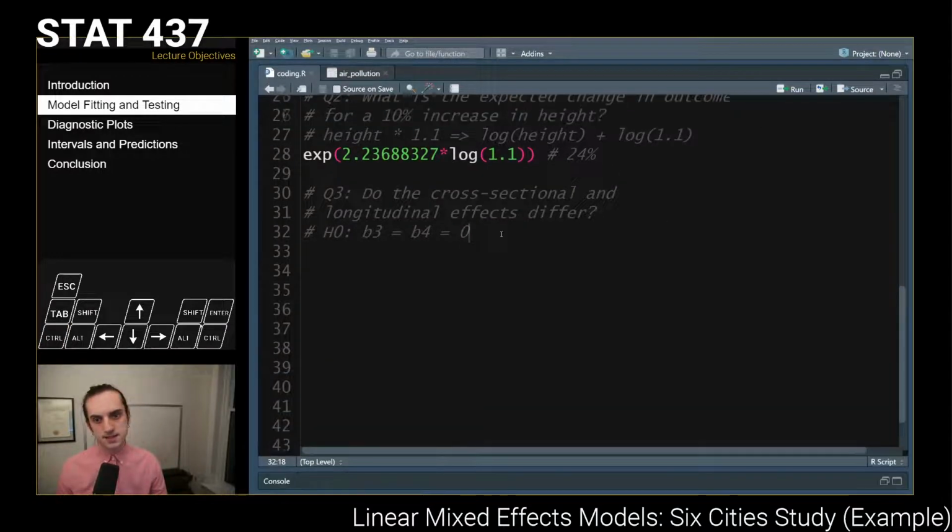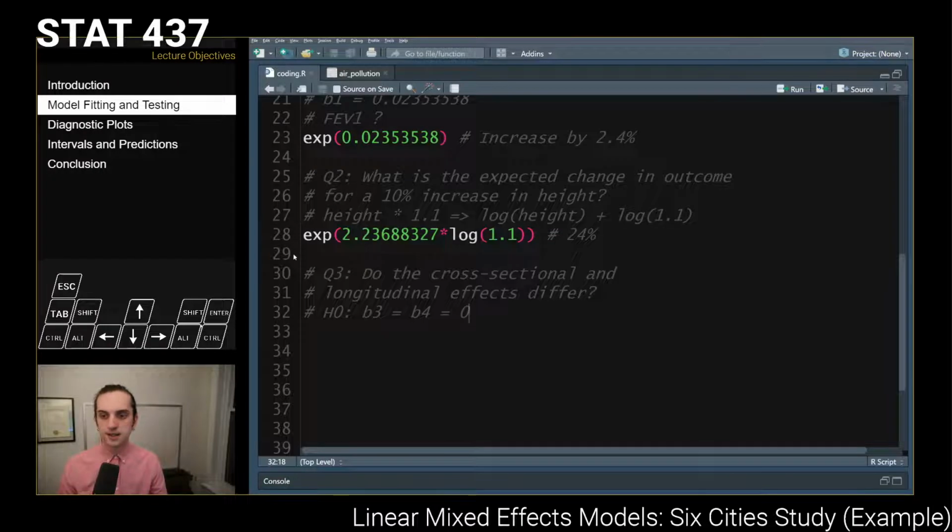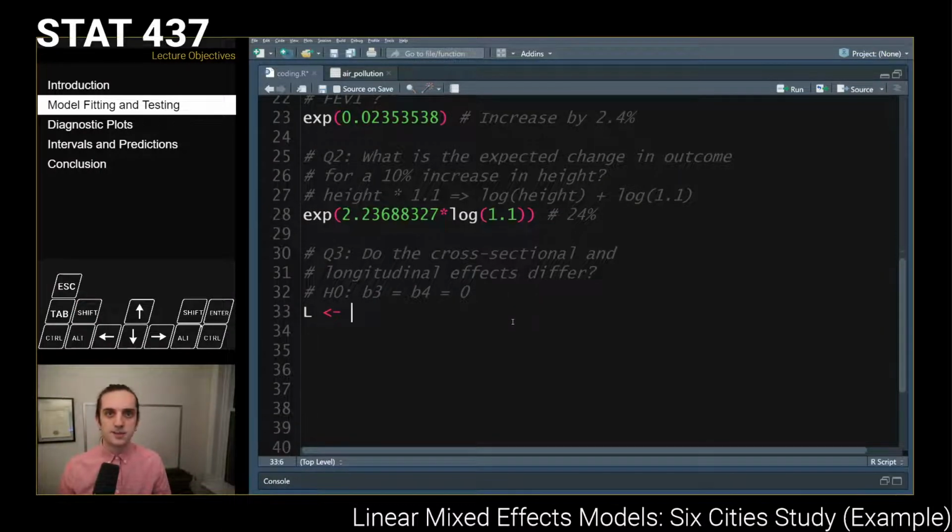And if we remember, this is a likelihood-based procedure, and so we could fit this by using nested models, say, or we could fit this using our L matrix, right? So maybe what I'll do is I'll type out what this L matrix would have to be, but then we'll actually test it using an ANOVA version, right? So this L matrix we'd want to test where we select out beta 3 and we select out beta 4, and so that's going to be 0, 0, 0, 1, 0, and then the second row is going to be 0, 0, 0, 0, 1, right?